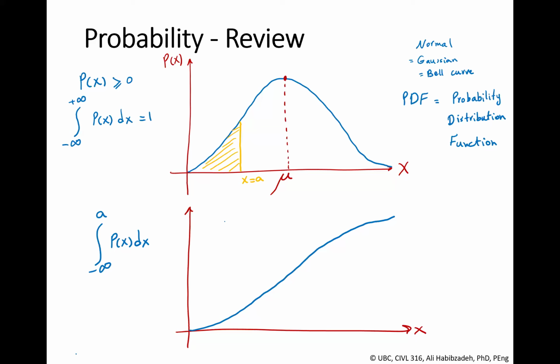And we typically call it capital F of x. So capital F of x equals this. And it's called the CDF, the cumulative density function.